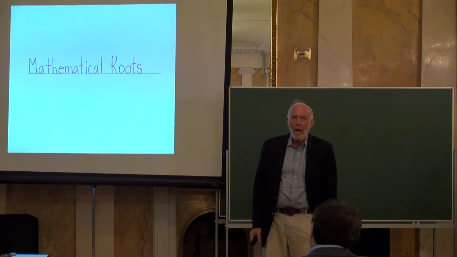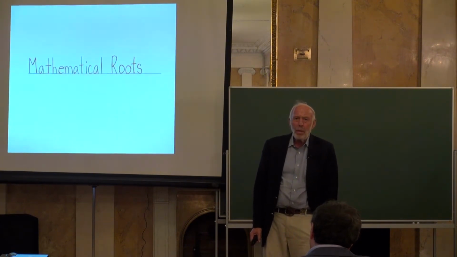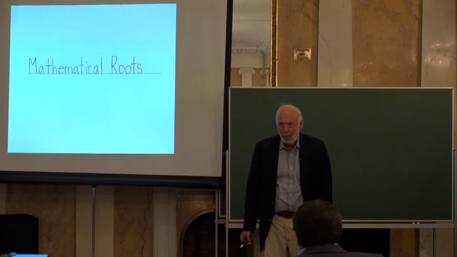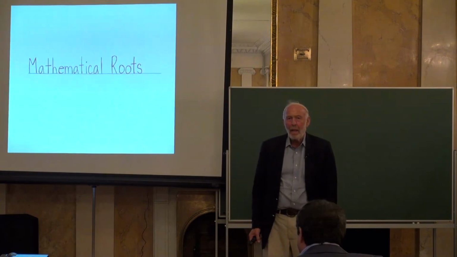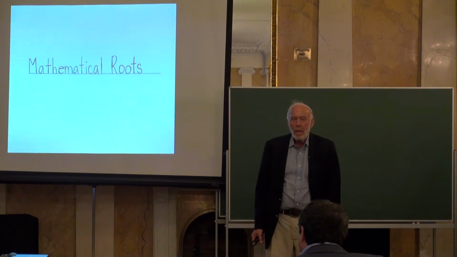And so I decided a good start would be to develop a combinatorial formula for the signature of a four-manifold. The signature, as you probably know, you can calculate it as a Pontryagin number.